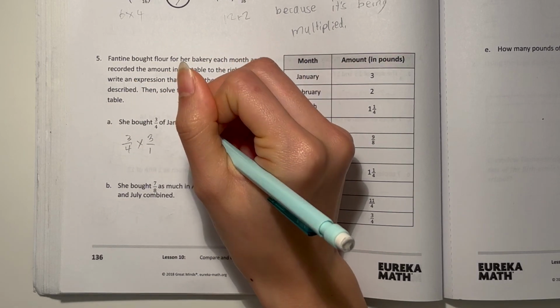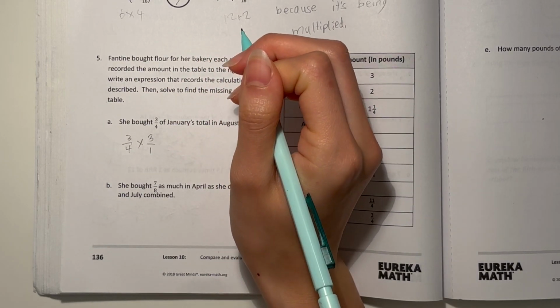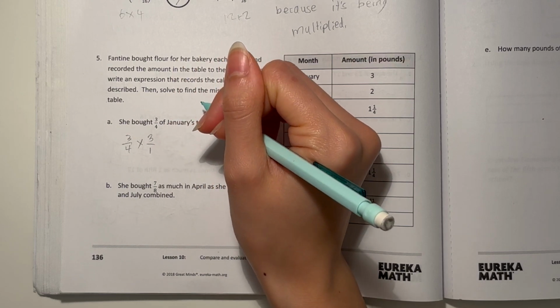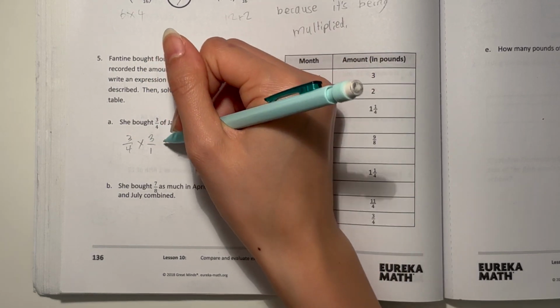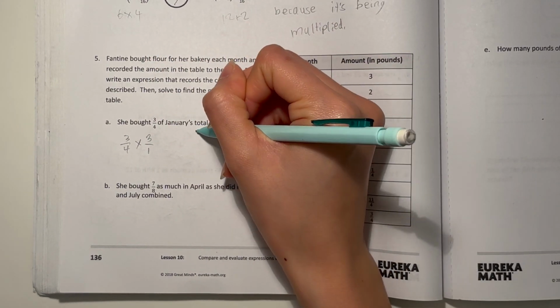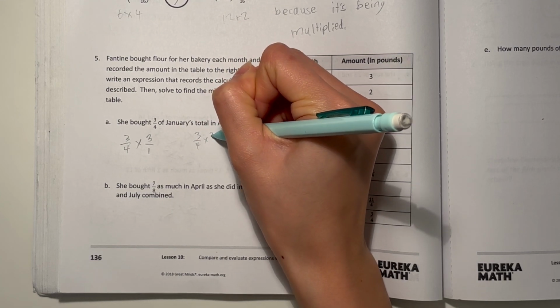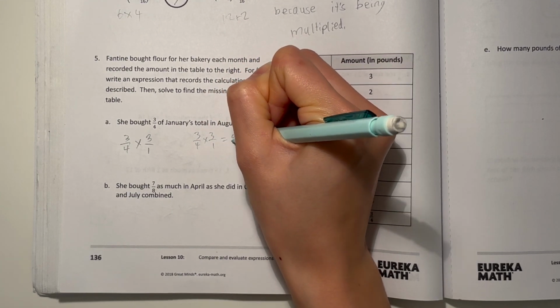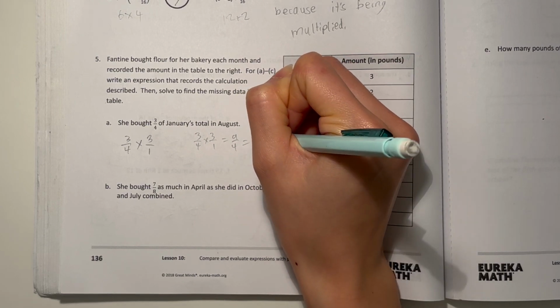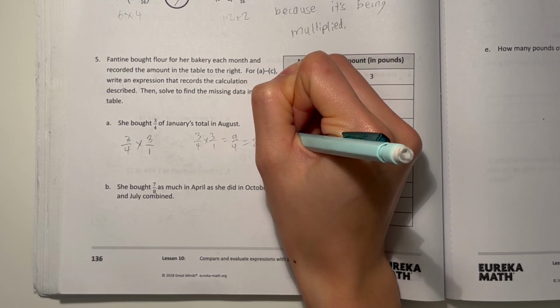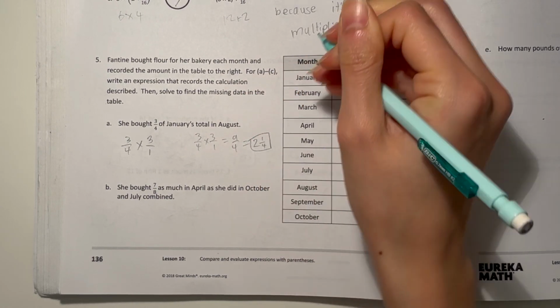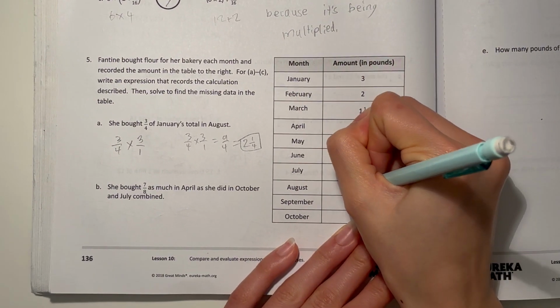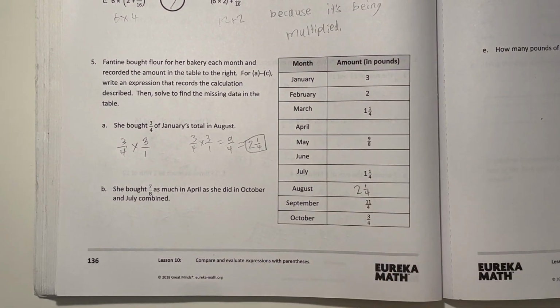So 3/1. So this is our expression. We can actually solve it here. That'd be 9/4, or 2 1/4. So here in August, we can write 2 1/4.